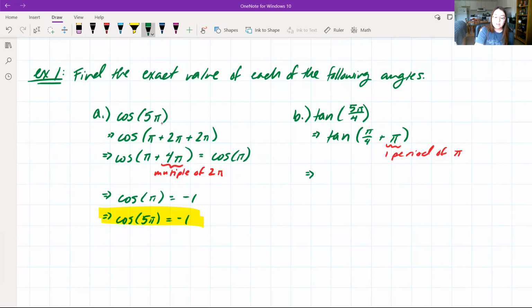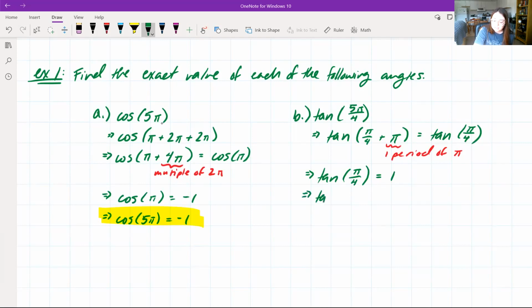So this means we're going to end up with the same value as we would have with tangent of just pi over 4. Then tangent of pi over 4, remember that would be the square root of 2 over 2 divided by the square root of 2 over 2. So tangent of pi over 4 is going to be 1.